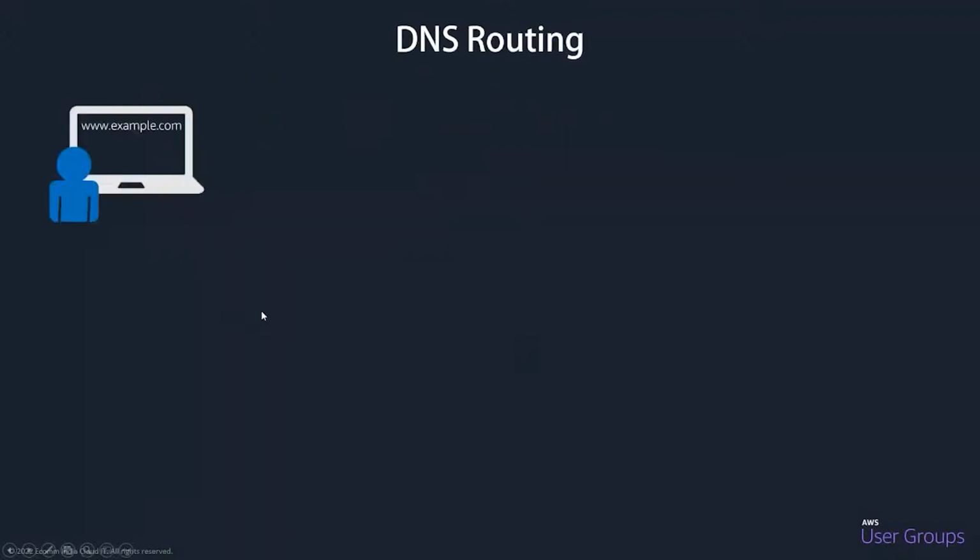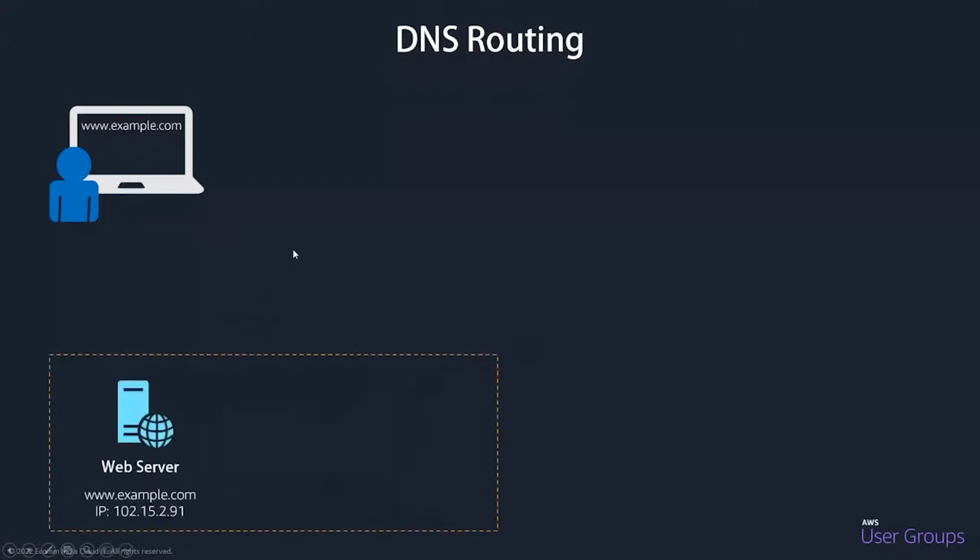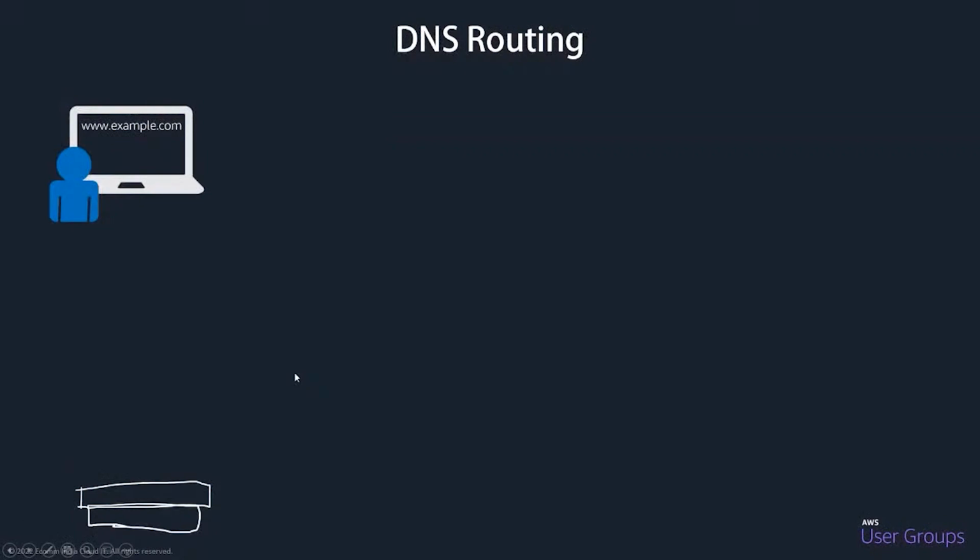So as an example over here, we have a user who's trying to go to www.example.com. There is the web server which he needs to access. The web server's IP address is 102.15.2.91, and this is the web address. In order to fetch this page, www.example.com, the user needs, oops, what happened there?